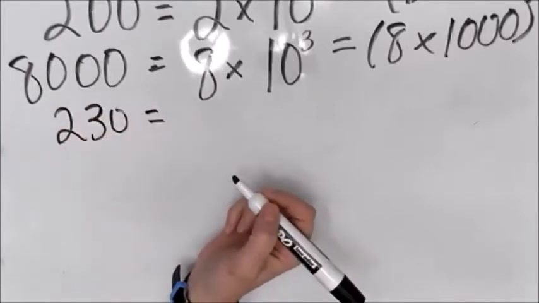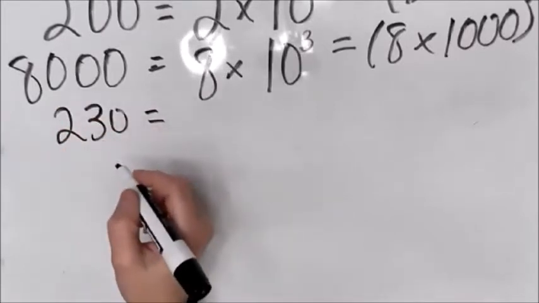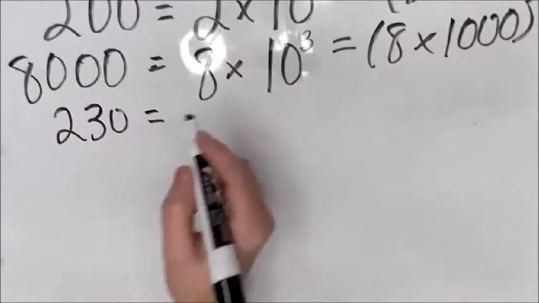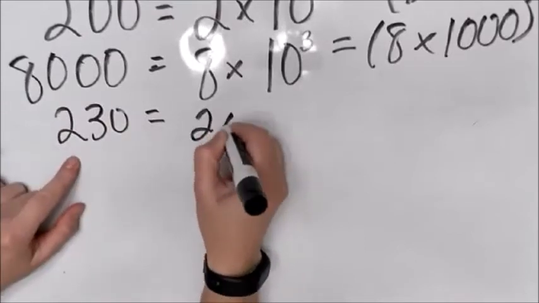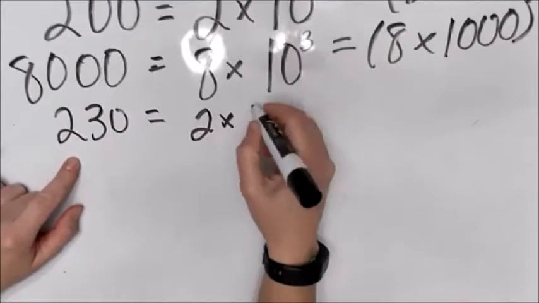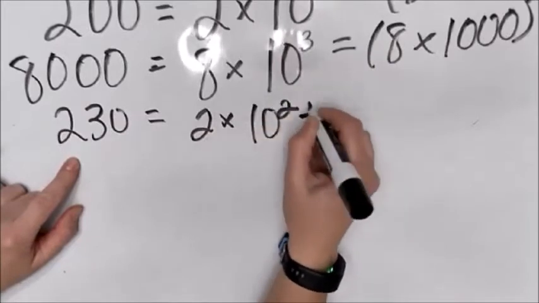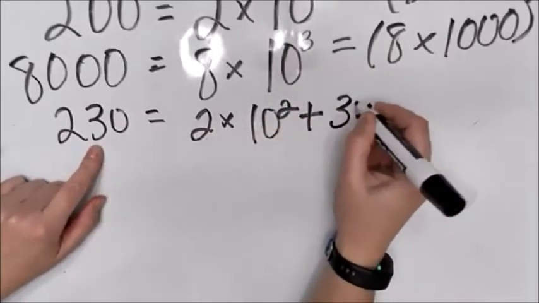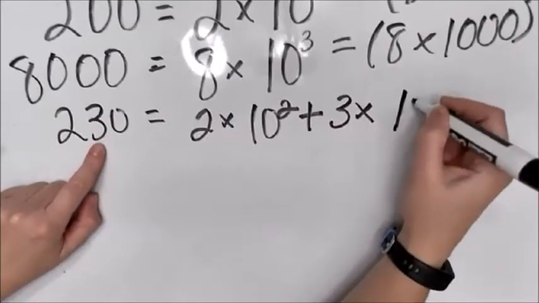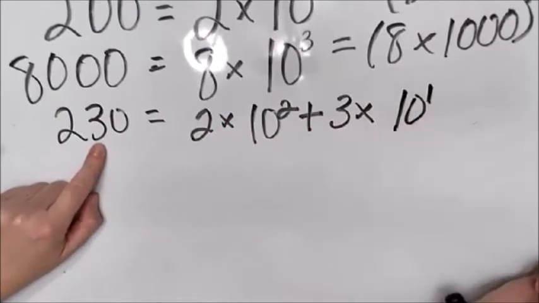So what if I had 230? So we're going to start with our largest category. So we have a 2, and it's in the 100 position. We already know that's 10 squared. We have to add it to a 3, which is in the tens place, which is a 10 to the first power.